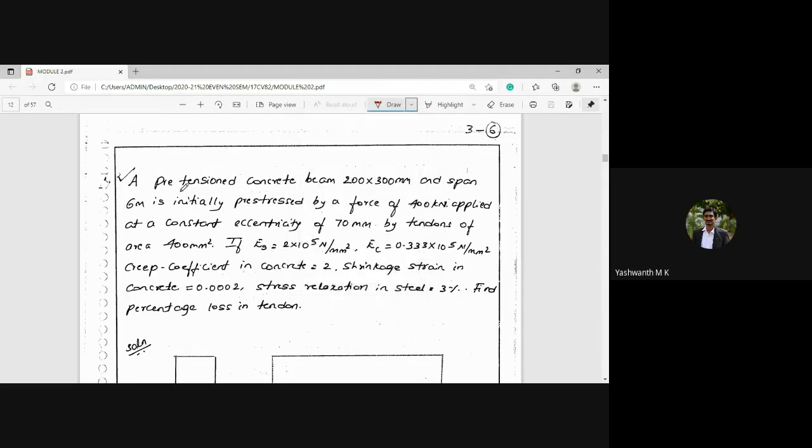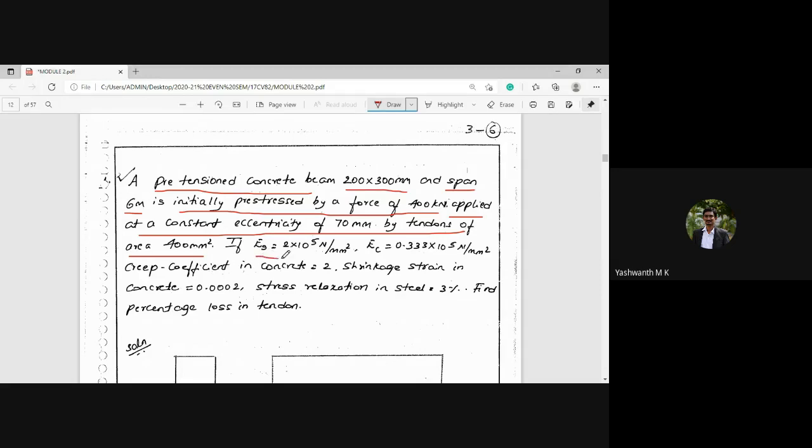A pre-tensioned concrete beam of 230 by 300 mm and span 6 meter is initially pre-stressed by a force of 400 kilonewton, which is applied at a constant eccentricity of 70 mm by tendons of area 400 millimeter square.